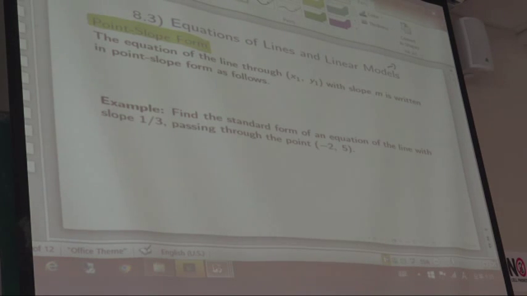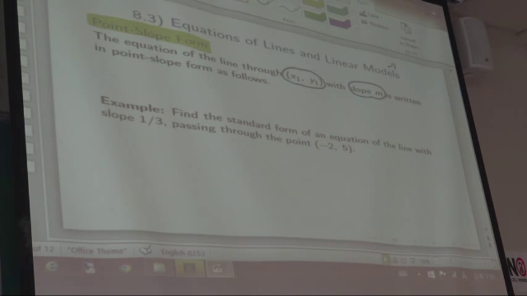Now the point slope form is the equation of the line through x1, y1. So we have one point x1, y1, then we have a slope m. When you have these two pieces of information, we can find the line equation.